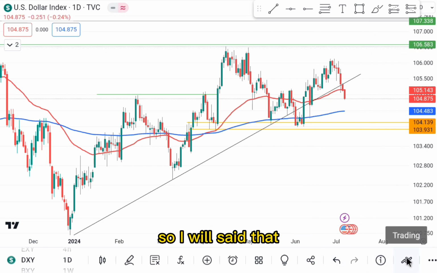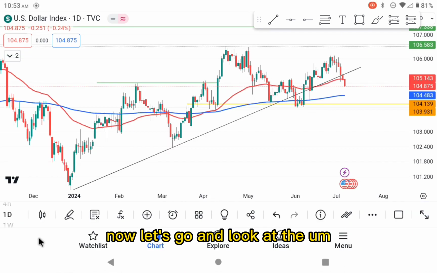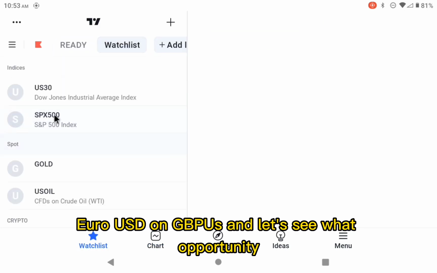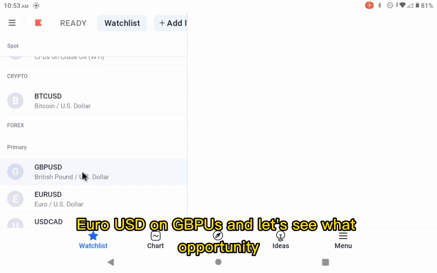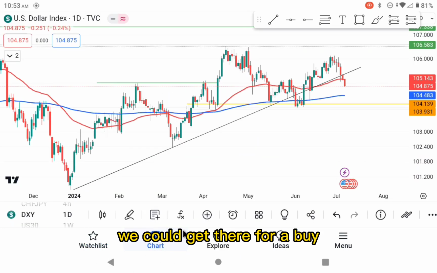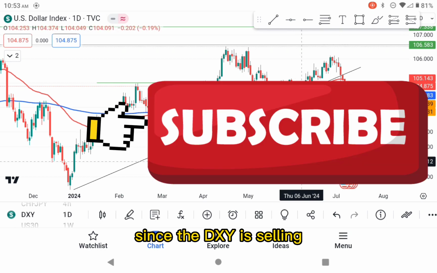So having said that, now let's go and look at the EURUSD and GBPUSD, and let's see what opportunity we could get there for a buy, since DXY is selling.